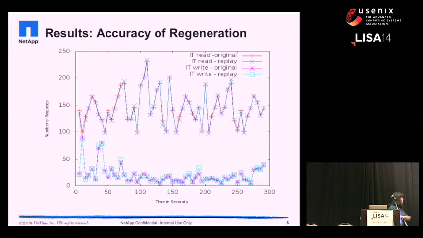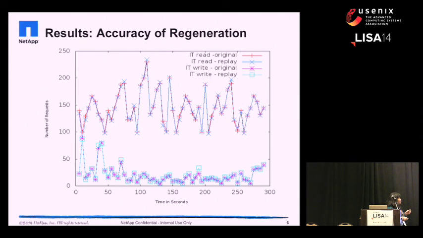We have a lot of graphs in the paper. For example, we captured traces from NetApp IT, which supports all of our operations within NetApp, the DevOps. We collected the traces for two weeks, fed them to ParaSwift, replayed them, and then compared the two traces. The top two line graphs show the read workload, the red bar being the original read.